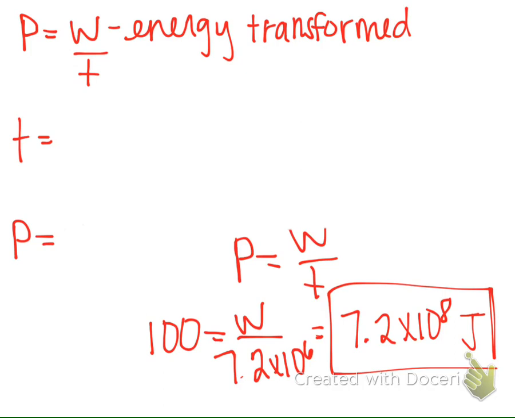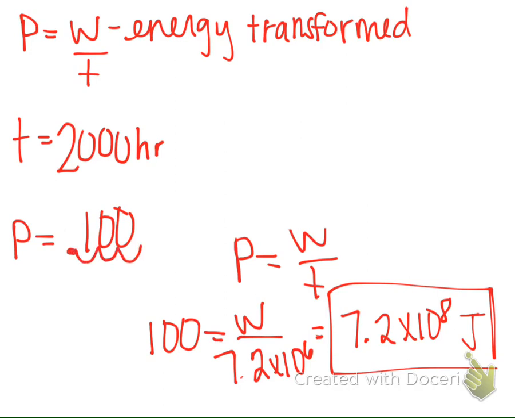Rather than converting our time to seconds, we're going to leave it in hours, so we'll take 2,000 hours for our time. And if our power was in watts, how many of the base of anything is in a kilo? 1,000. So if there's 1,000 watts in a kilowatt, how do I convert watts to kilowatts? Divide by 1,000. I'm going to move that decimal place 3 places to the left, and that gives me kilowatts.